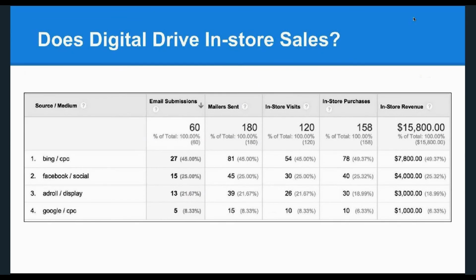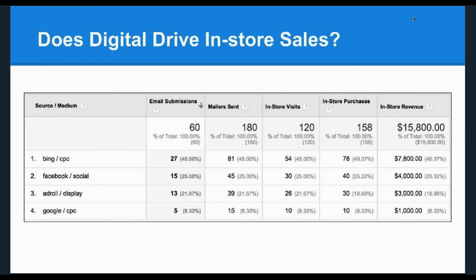So here's an example when we are thinking about whether digital drives in-store sales. Certainly we have different marketing channels, source medium, something that all of us have used inside Google Analytics. But then what we are doing is tracking how many emails have been submitted as the result of our ad across that marketing channel.